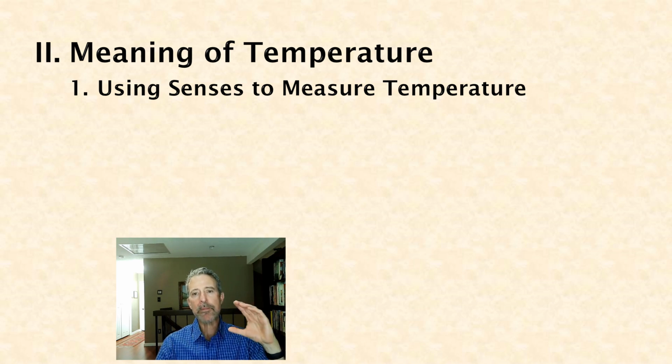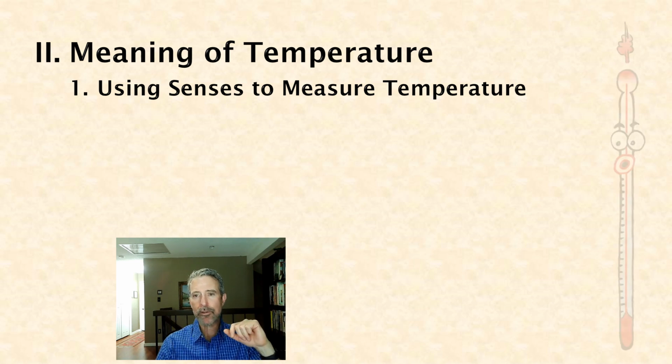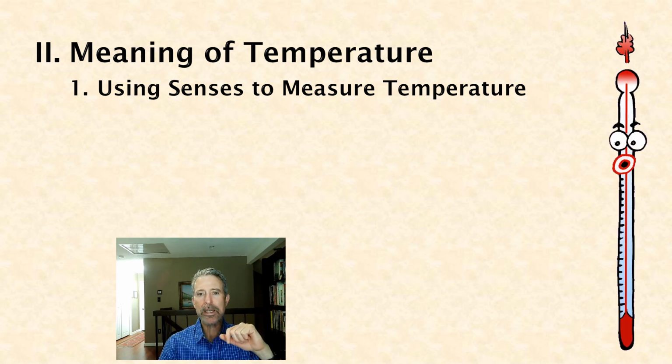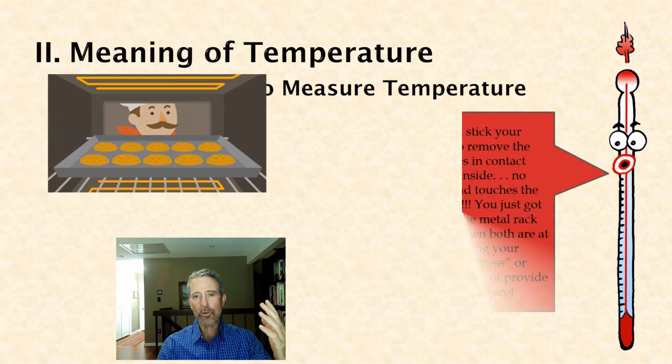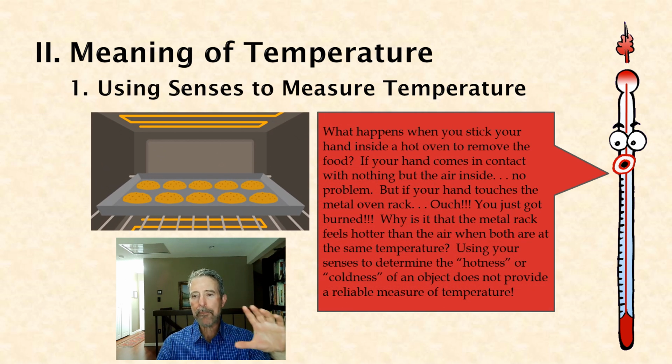Using your senses to measure temperature can lead to inaccuracies, as the following example will illustrate. So let's see what Theo the thermometer has to say here. Let's consider what happens, for example, when you stick your hand inside of a hot oven to remove some food. If your hand comes in contact with nothing but the air inside of the oven, no problem.